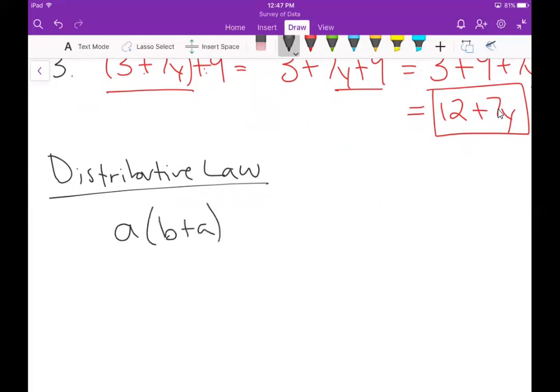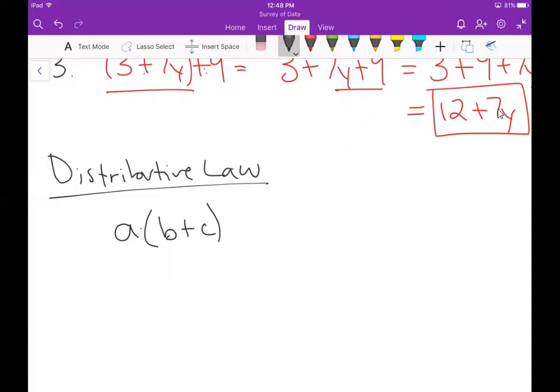So if I have A times (B plus C), I cannot just get rid of those parentheses because one of these operations is addition and one of them is multiplication. So I have to, according to the order of operations, do anything in the parentheses first.